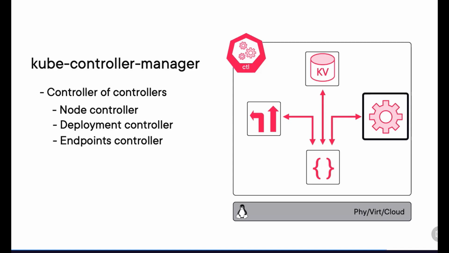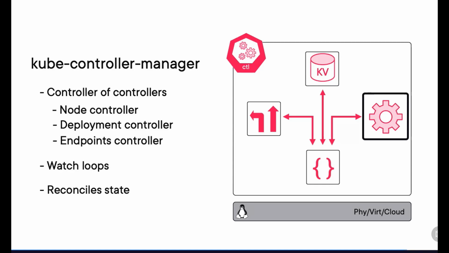Now, look, we're going to check it out in more detail in a second, but each of these runs as a reconciliation loop. So it's watching the bits of the cluster that it's responsible for, and it's looking for changes. The aim of the game being to make sure that the observed state of the cluster matches desired state. Okay, well, right now, all of those little individual controllers are managed by the overall controller manager.